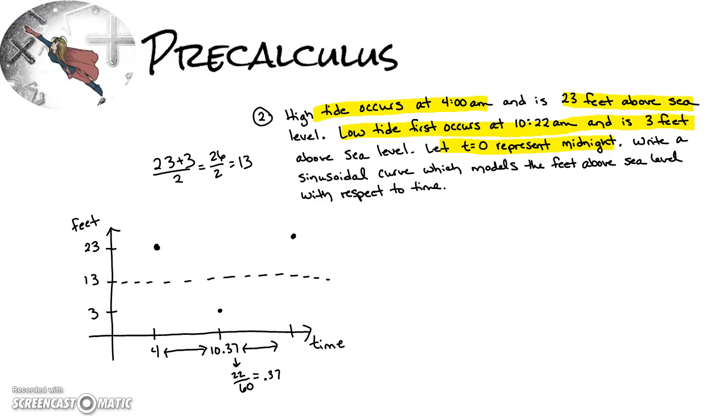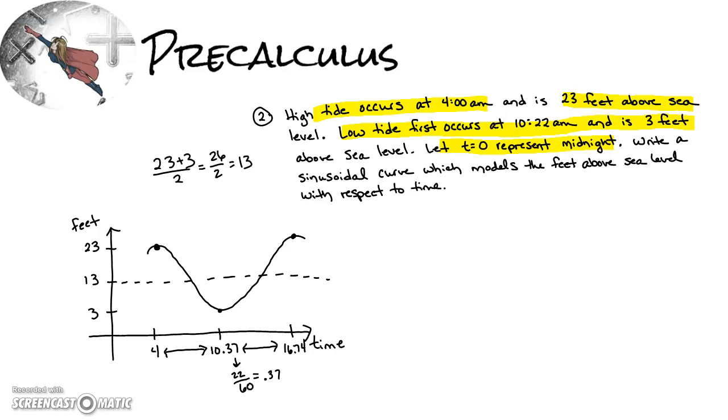So I just did that on the calculator. It's 16.74. Okay, so this gives us one complete period of high tide, low tide. And now what we can do is start to create the equation.